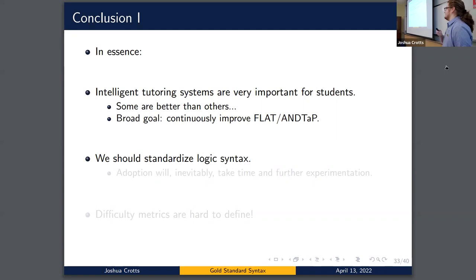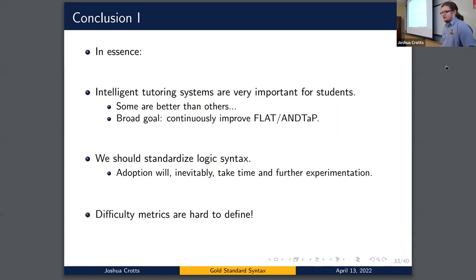And going back to this gold standard idea, we should standardize logic syntax. That's going to take time, more research, and more experimentation with other systems to see how well it works. And lastly, it's difficult to define difficulty metrics.